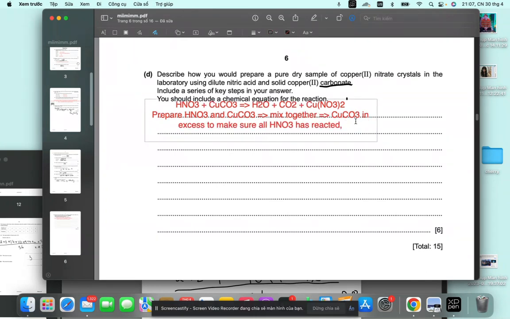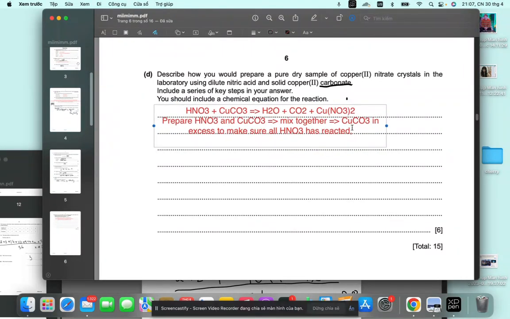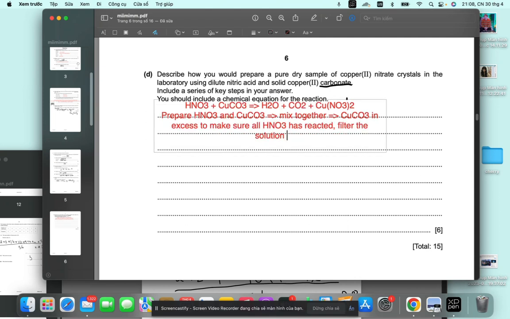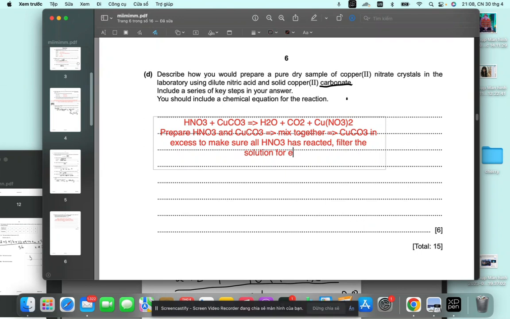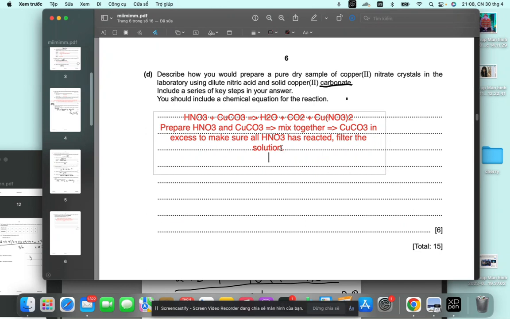So after that we have the excess and we filter the solution for the excess. And after we filter, we would heat up the solution to crystallization point.